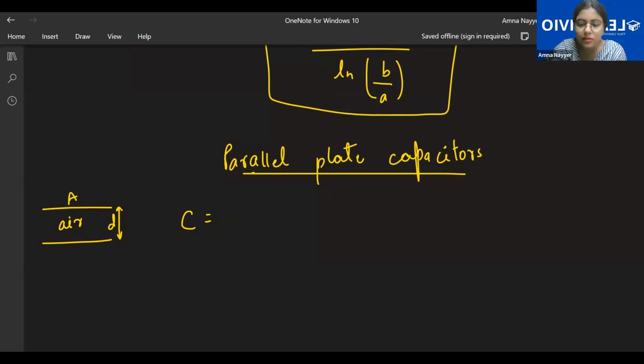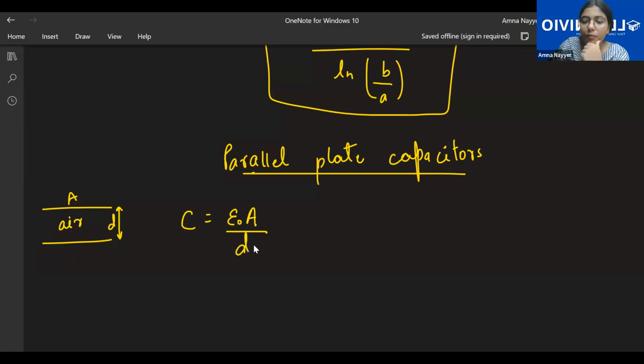You must have written it also. No idea. We've done it multiple times. C is equal to epsilon naught A by D.